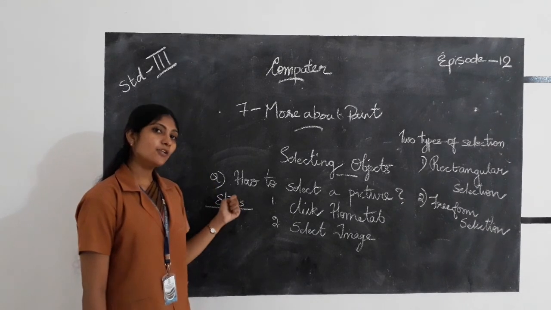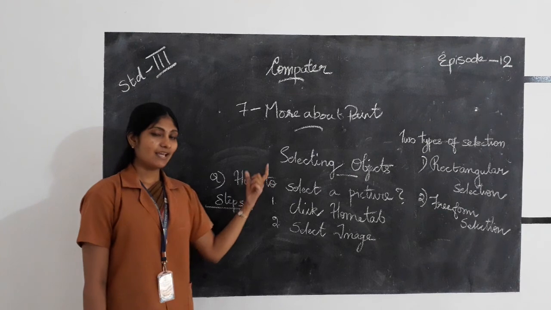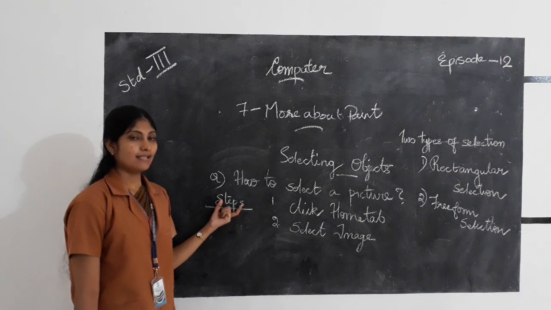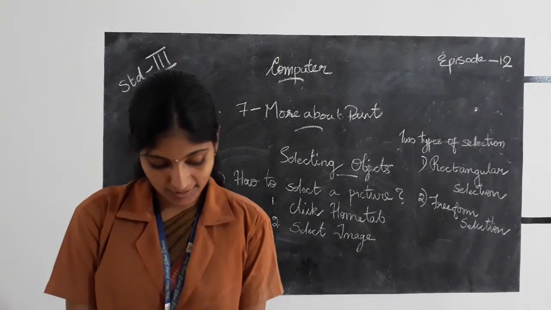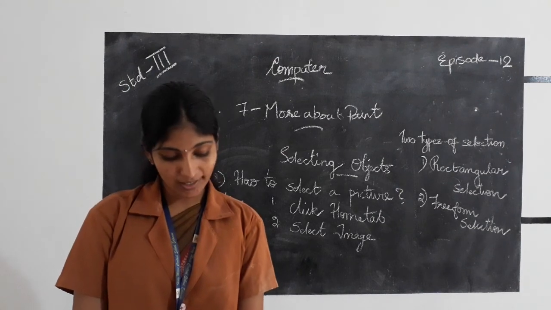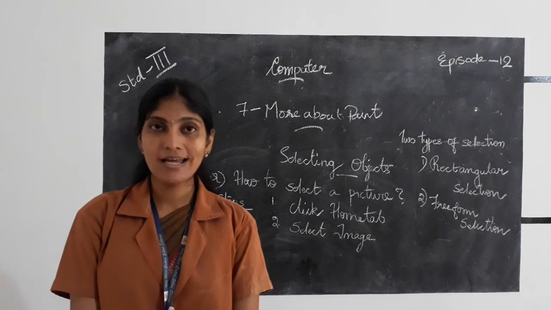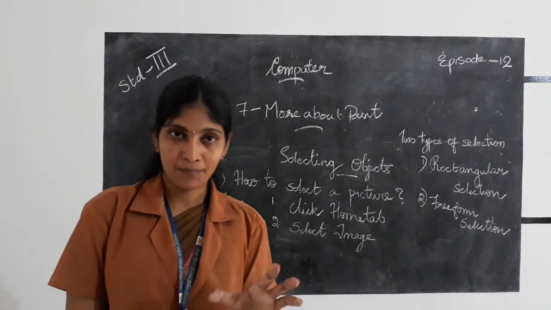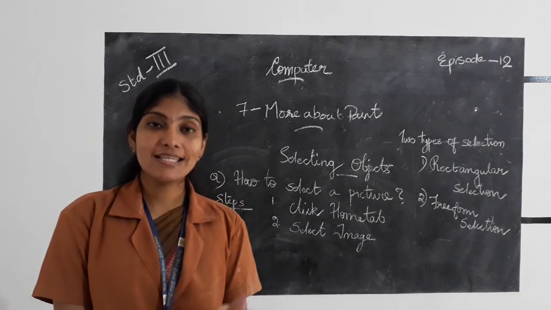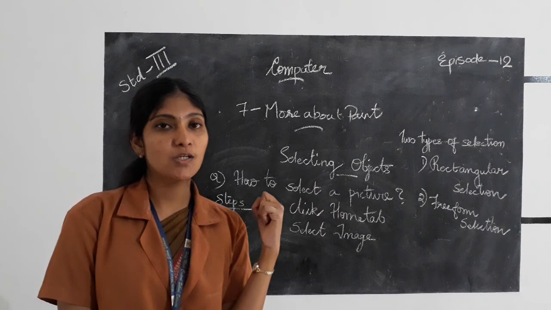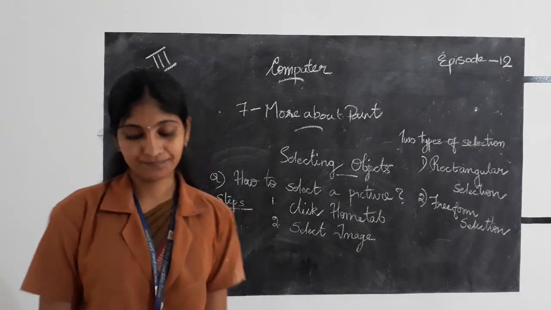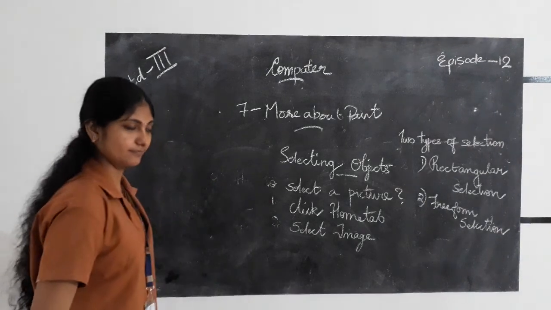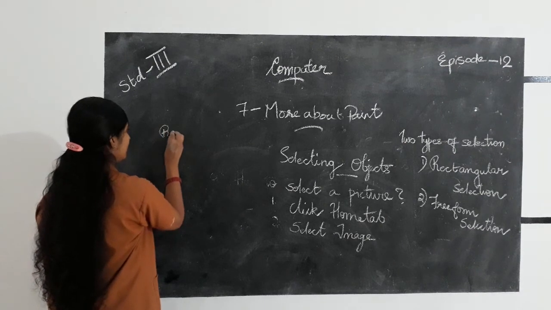Rectangular selection means selecting in a rectangular form. To select any square or rectangular part of the picture, click rectangular selection. If you want to select a part from the picture and it is in rectangular form, you can select rectangular selection.